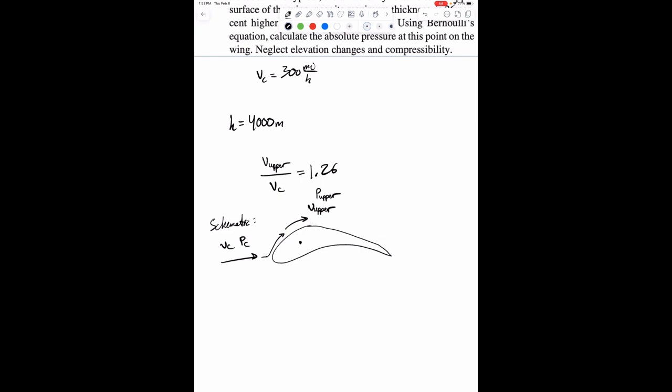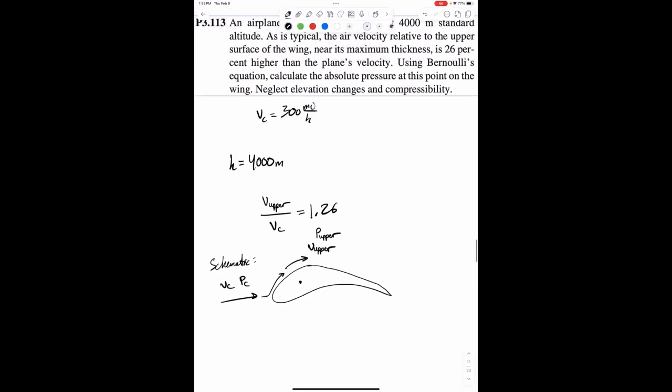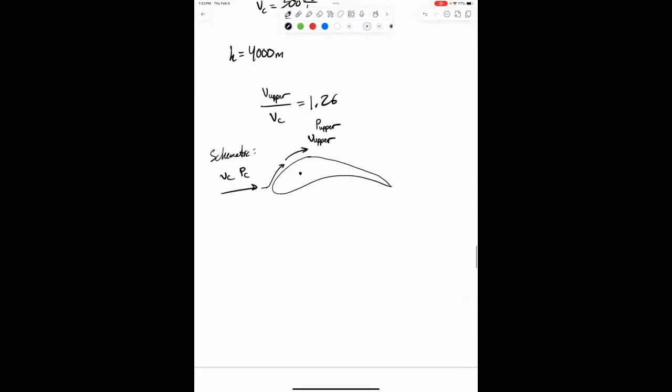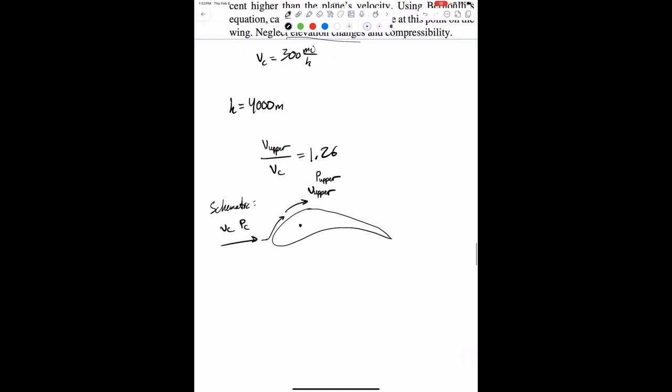So those are all our terms because we can neglect elevation changes. So that's something to note. If I set Bernoulli's equation with this setup, internal plus kinetic plus potential for the incoming wind equal to internal plus kinetic plus potential of the upper surface, we neglect elevation changes.